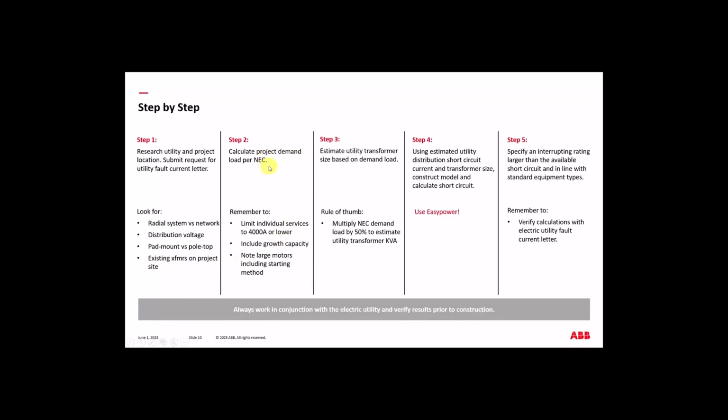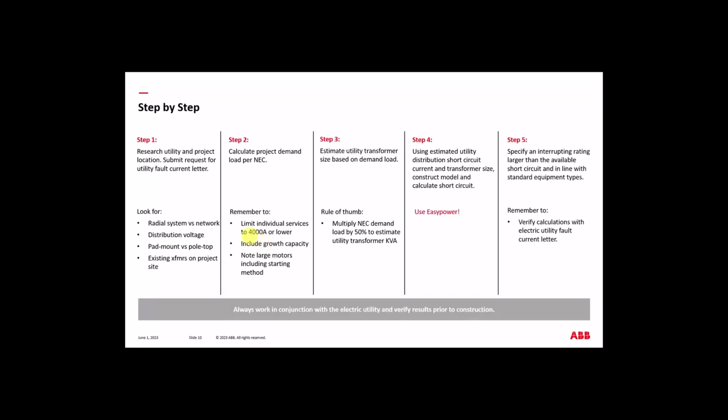Then step 2 is start the project design and calculate the project demand load the normal way that you do it per NEC. And I've got some helpful hints here. Generally, I like to limit individual services to 4,000 amps or lower, because the equipment gets rarer above 4,000 amps.